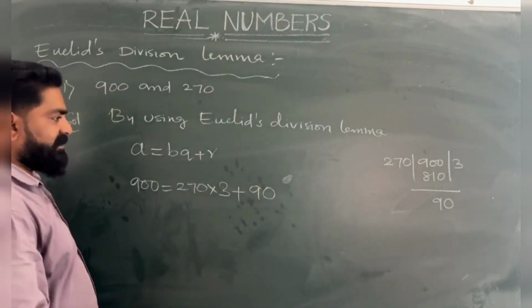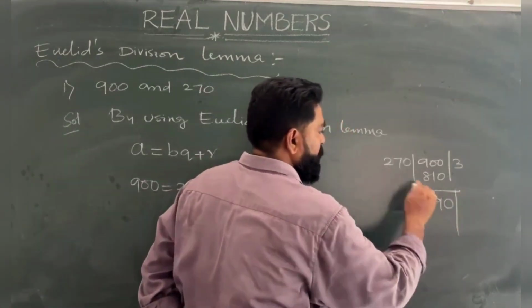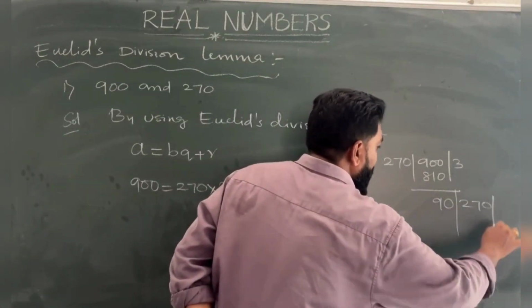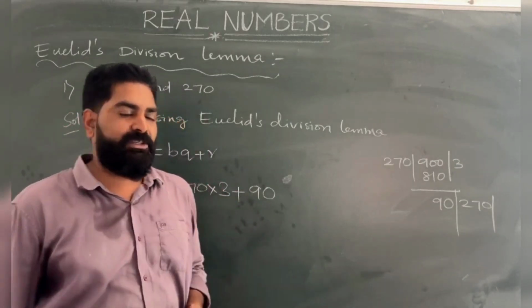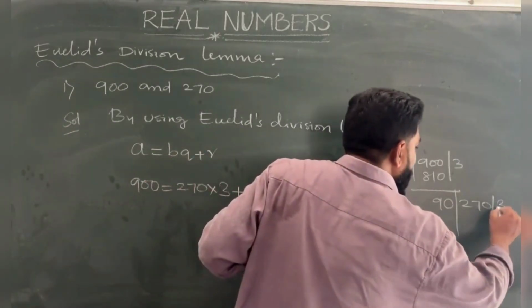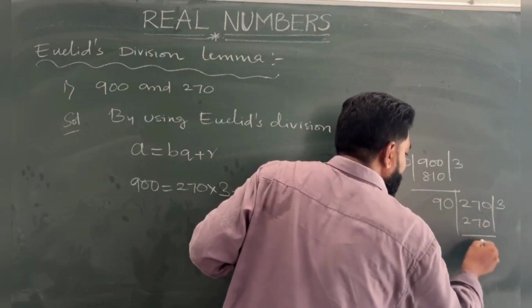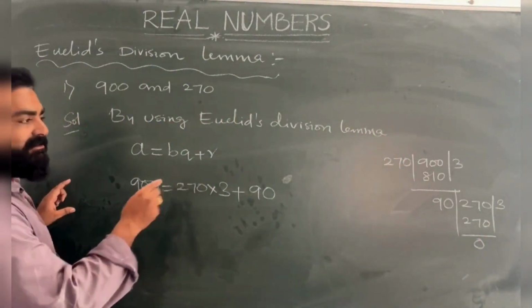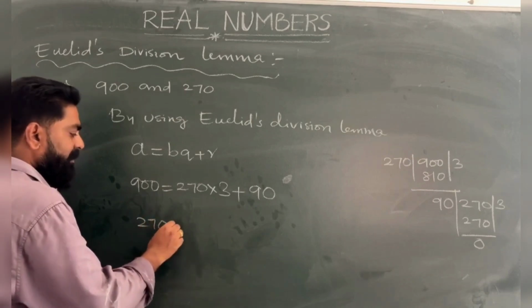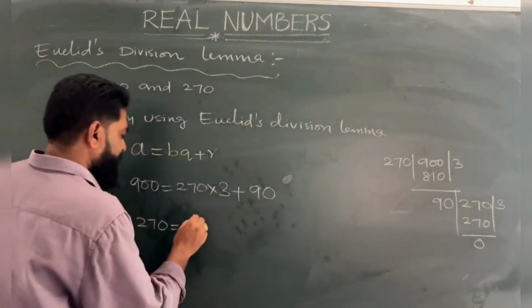Clear? The next step is, so here 270. Now coming to the 90, 9 ones are 9, 9 twos are 18, 9 threes are 27. So 90 threes are 270. The result is 0. Here the remainder is 0. So what is the dividend? 270. So divisor 90.